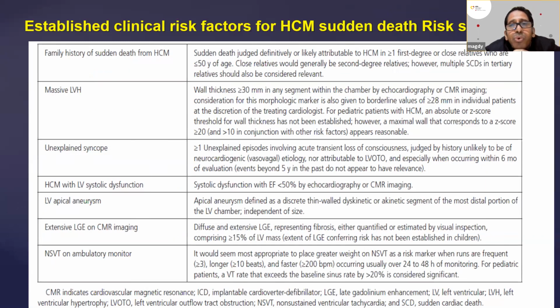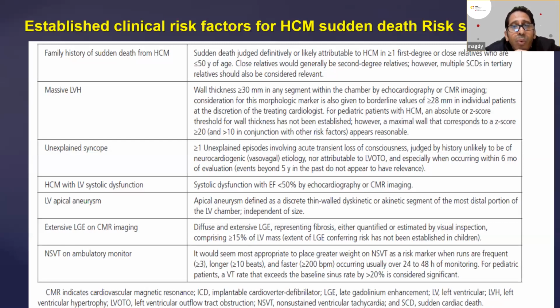So this is a very important slide again for risk stratification for sudden death. If you have a patient with a family history of sudden death from hypertrophic cardiomyopathy in one or more first-degree relatives under 50 years of age, this is very important.